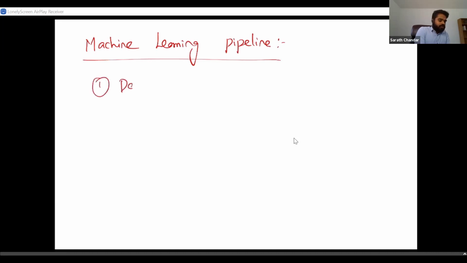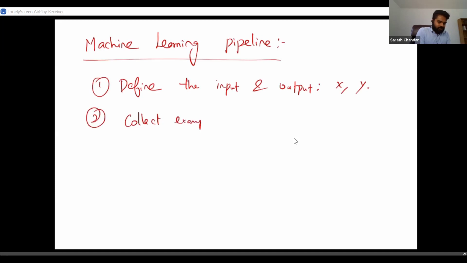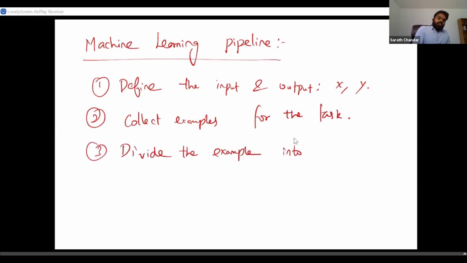The first step is to define the input and output: what is X and what is Y? The second step is to collect examples for the task. The third step is to divide these examples into train, valid, and test sets.